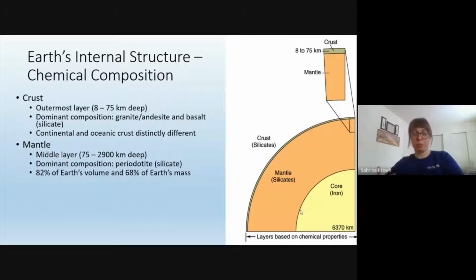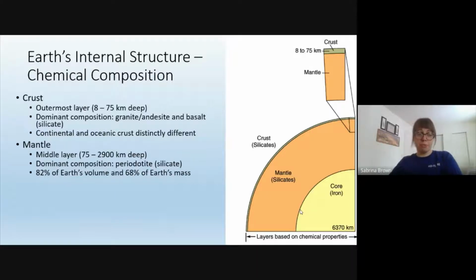But remember that peridotite is ultramafic in chemical composition, right? So as we go deeper and deeper into the earth, we get higher and higher abundances of iron and magnesium rich chemical composition.